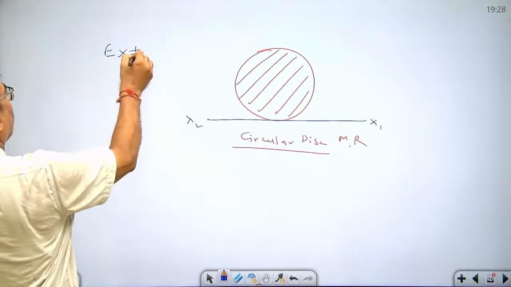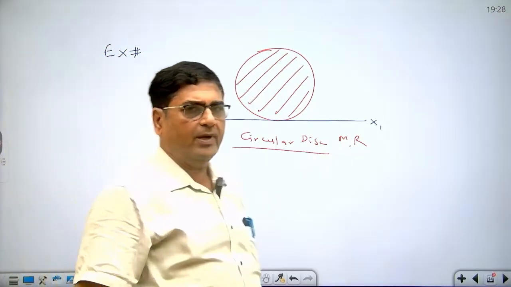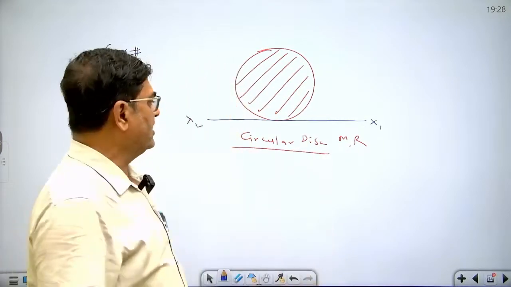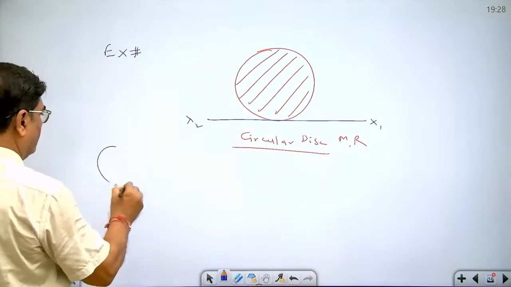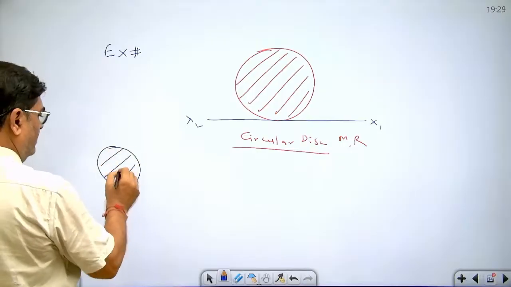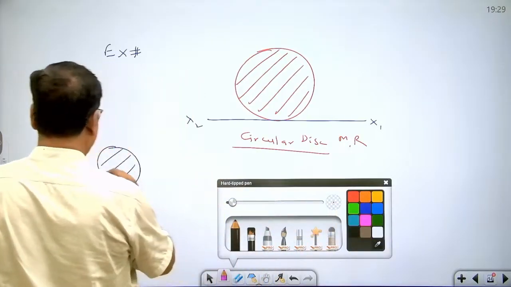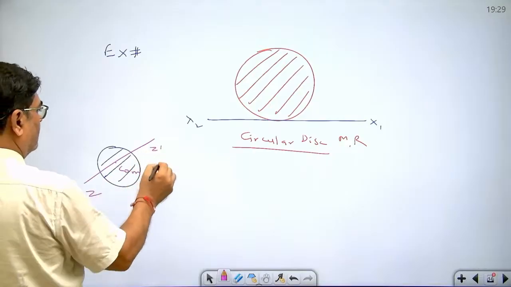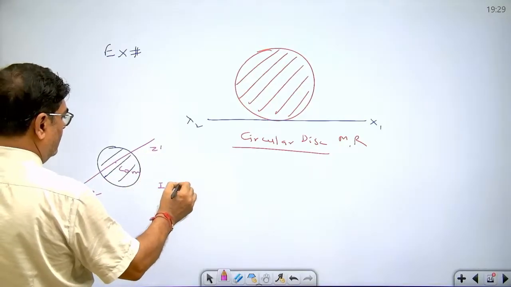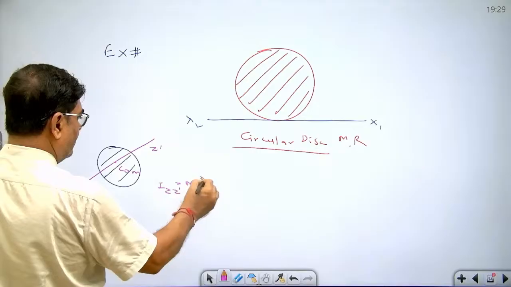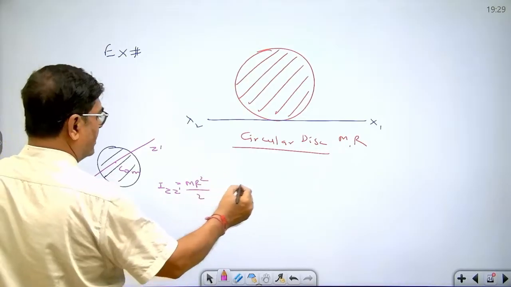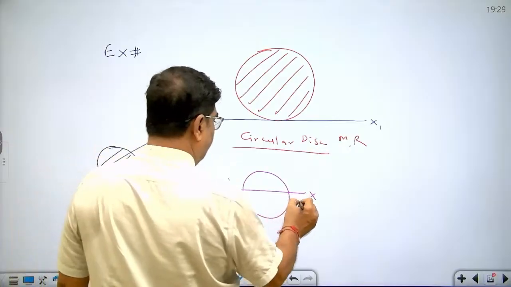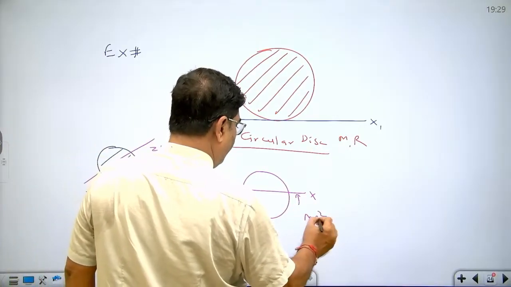How to calculate? Very simple. Dear student, the moment of inertia of a circular disc about an axis passing through its center of mass and perpendicular to its plane is mr square upon 2. So the moment of inertia about an axis passing through its center of mass and lying in its own plane is mr square upon 4.